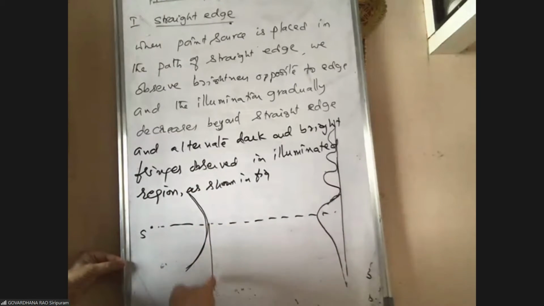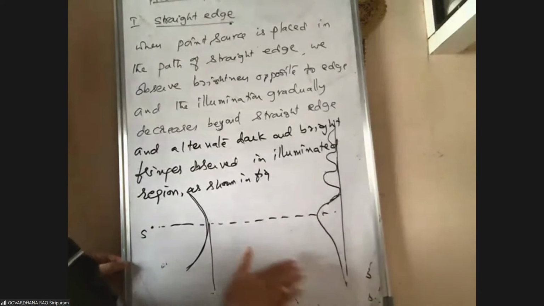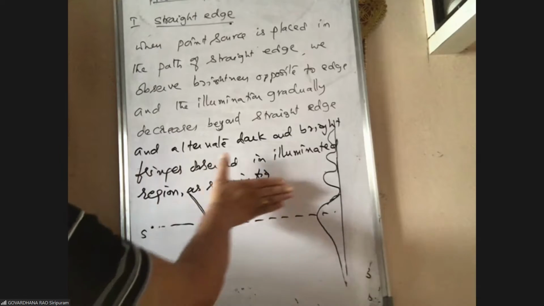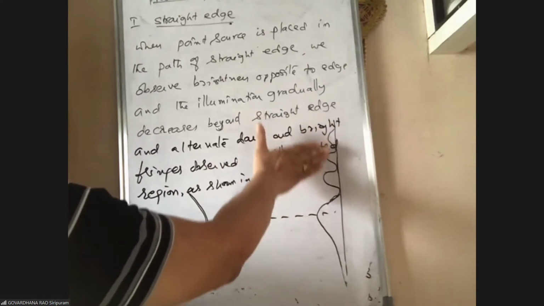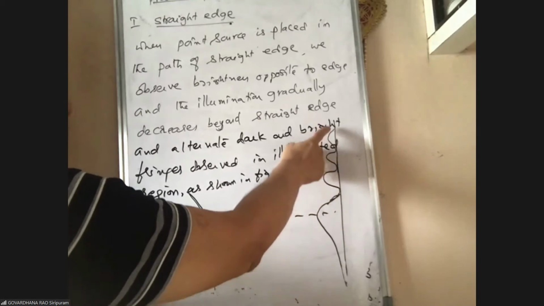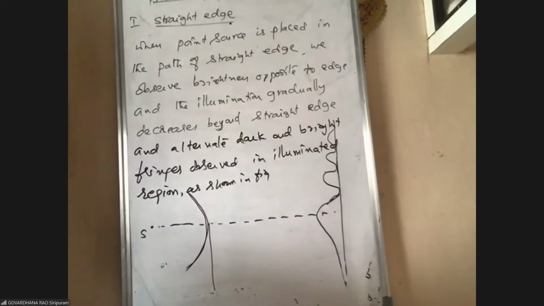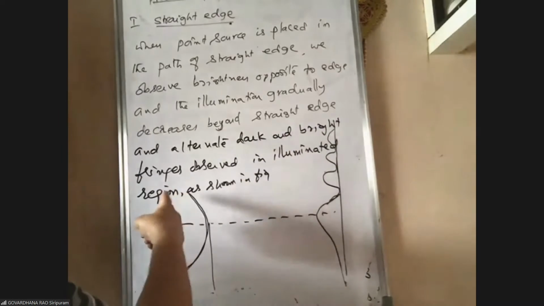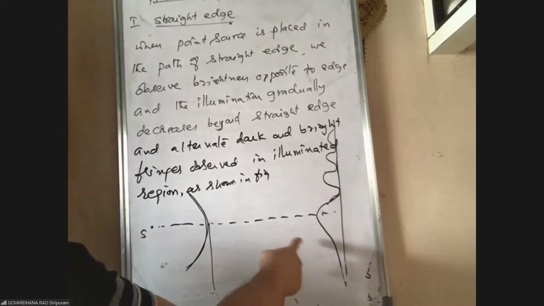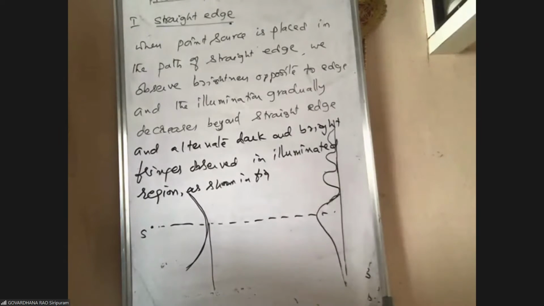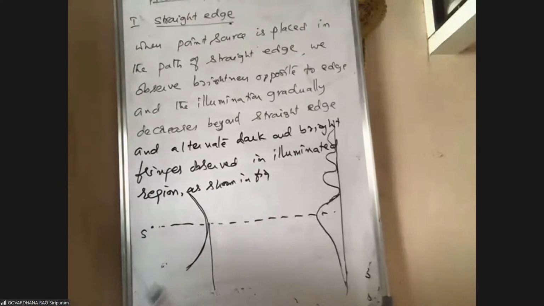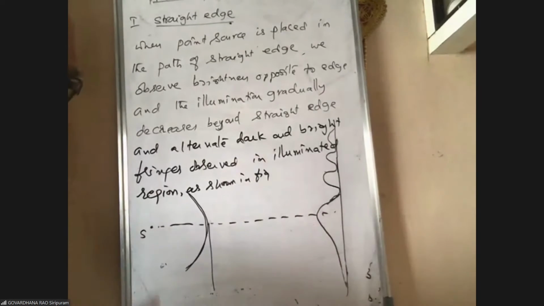The straight edge is obstructing this area, but this area has no obstruction, so this is the illuminated area. In the illuminated area, you will observe alternate bright and dark fringes like this, as shown in the figure. This is a practical observation.